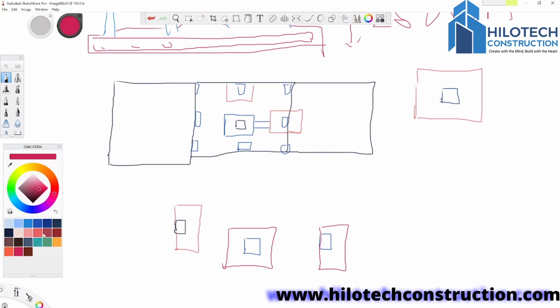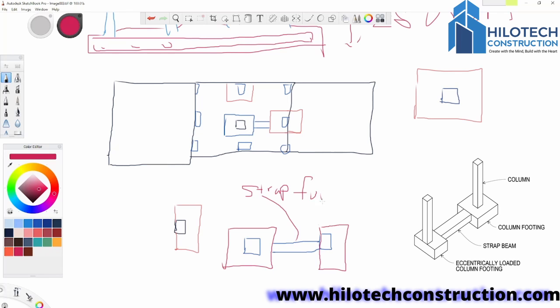So what we do is we bring out a beam like this that is going to link the two footings together. This beam is what is called a strap foundation, which is the next and the last type of foundation that we'll be looking at. Strap foundation.